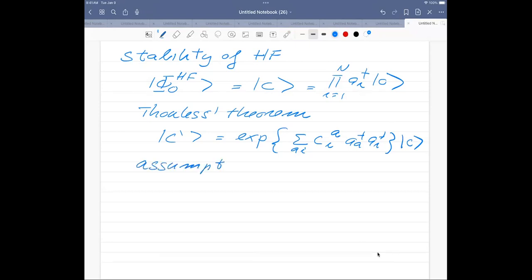What it says is that we have a general Slater determinant, which can be written in terms of these other Slater determinants as a linear combination of particle-hole excitations. So the assumption here is that there is a non-zero overlap between these two Slater determinants.